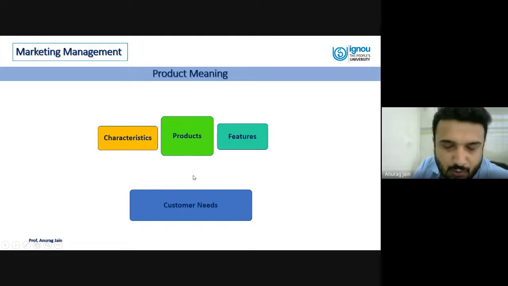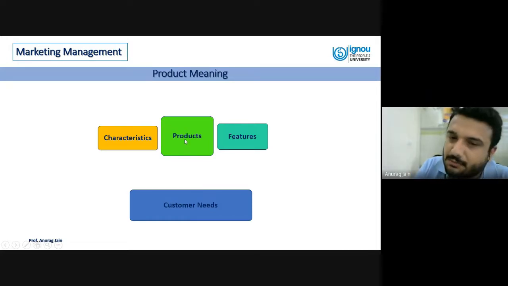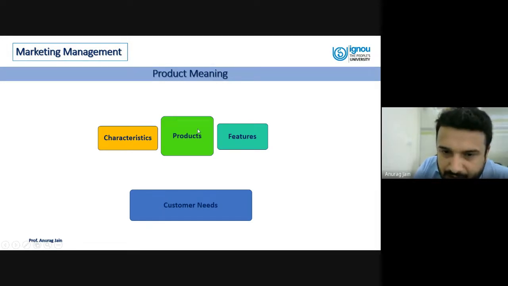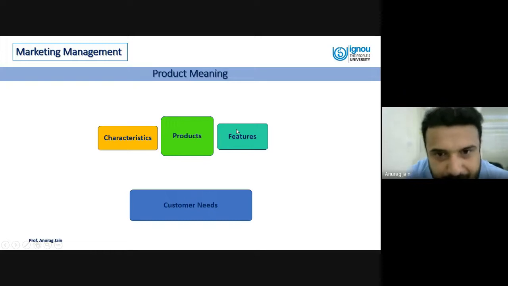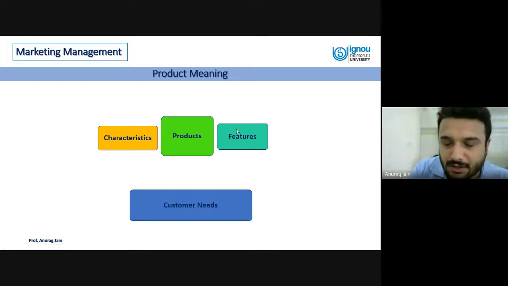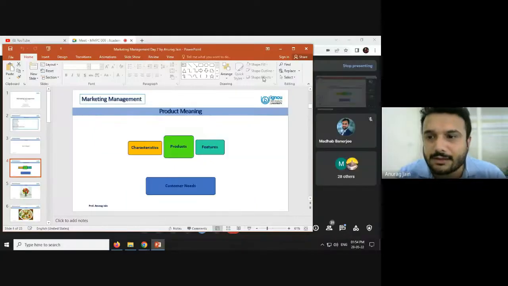I don't know why there are 2 arrows which I have put; I think there is some issue. Customer needs are going towards the marketer, and these products are coming, and it can be any idea. And these products are now going towards the customers, fulfilling the customer needs. I hope you are getting the kind of relationship I'm trying to explain here. This is the simplest meaning we can carry about the word product.